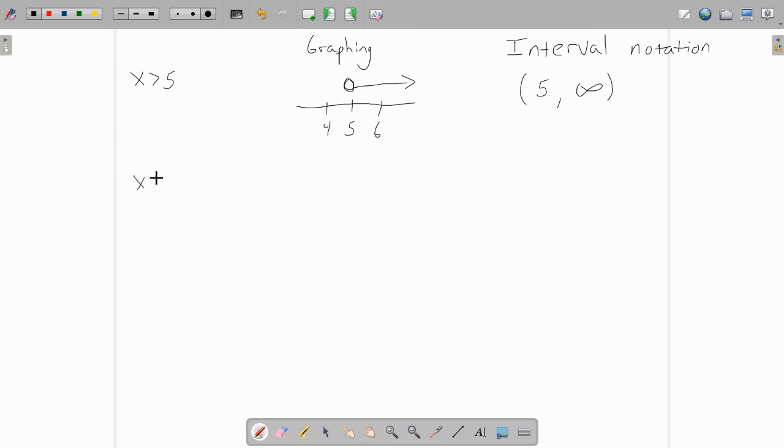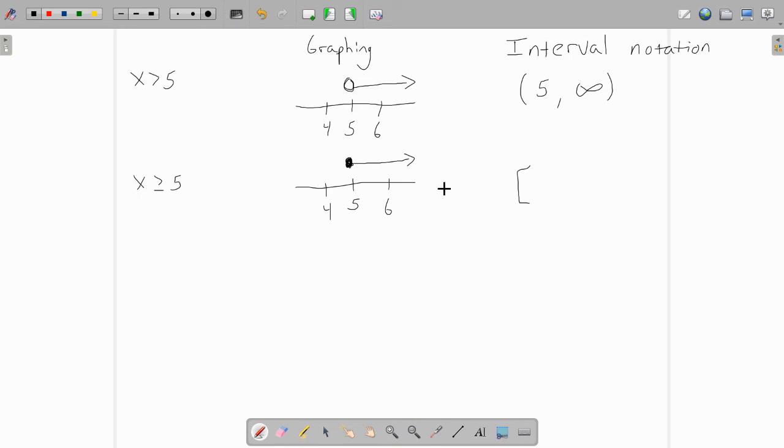Let's go with x is greater than or equal to 5. For this one, the only difference is we're going to use a solid dot, a filled in dot, because of the bar. The bar gives us a filled in dot. And for interval notation, because it's filled in because of the bar, we use a bracket.